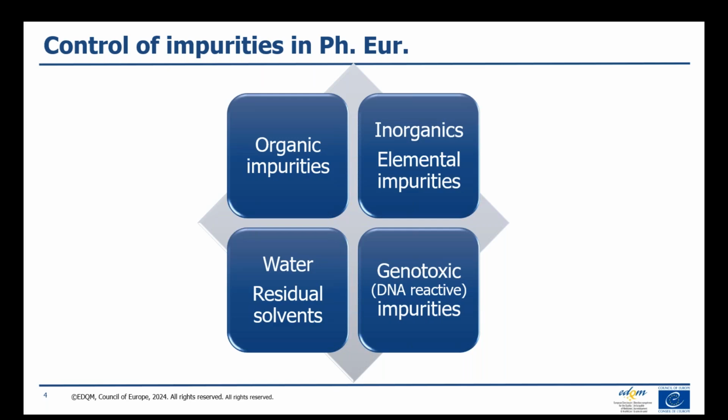We also control inorganics and elemental impurities, which are subject to ICH Q3D. And then we also control genotoxic impurities because there are more and more genotoxic impurities which are now covered in individual monographs. And I will also give you some information on how we deal with nitrosamines.